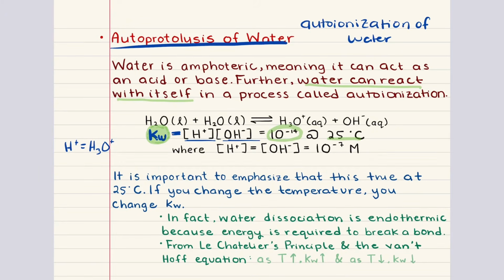In pure water, the concentrations of hydronium and hydroxide must always be equal since they're produced together in this 1-to-1 ratio. That means at 25 degrees Celsius, both the hydronium ion concentration and the hydroxide ion concentration are equal to 10 to the -7 molar. This exact balance is what defines neutral water at 25 degrees Celsius.